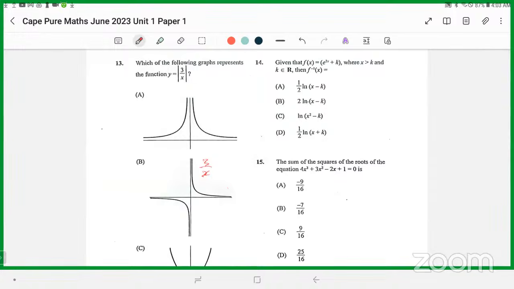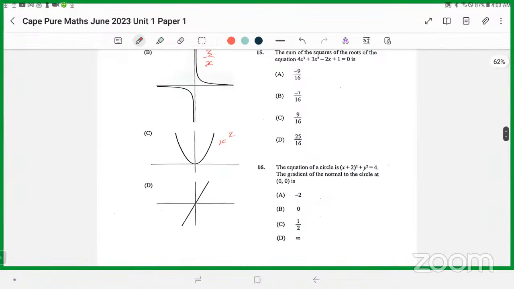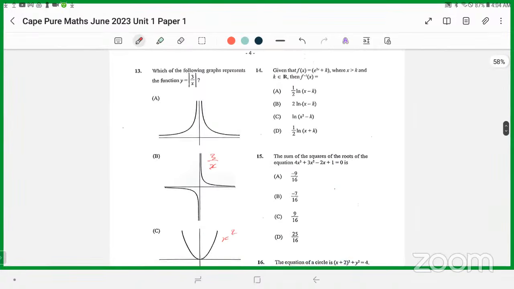So this is not the answer I want. This one looks like x squared. That's not what you want. And this one looks like y equals x. All right, this is the answer.